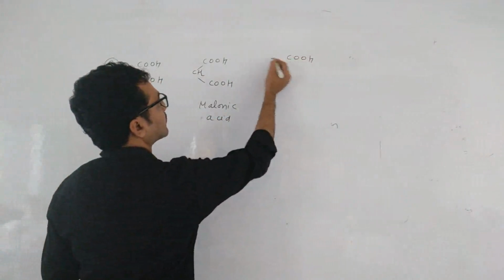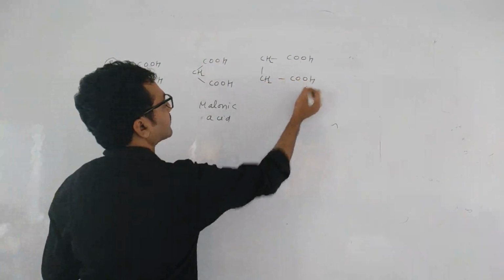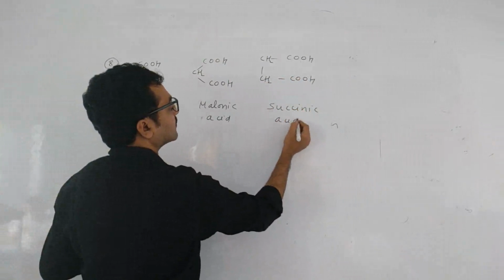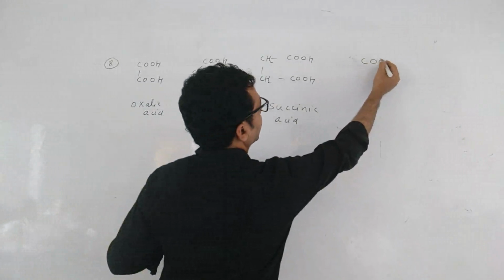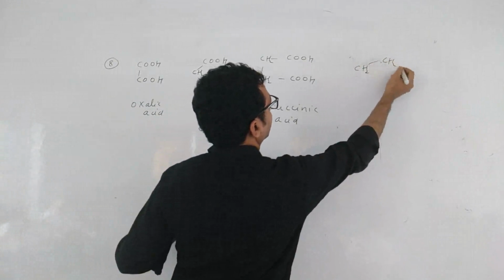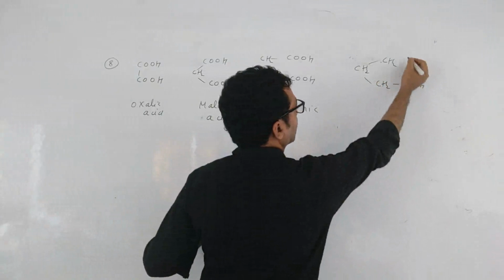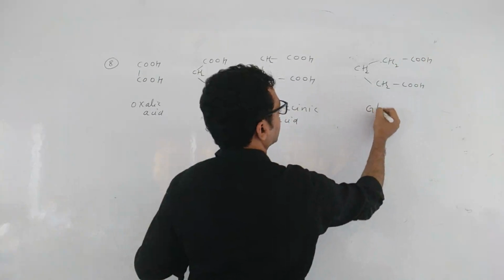After this, succinic acid, correct? Next will be glutaric acid. Here CH2 will be 3. One by one you increase.